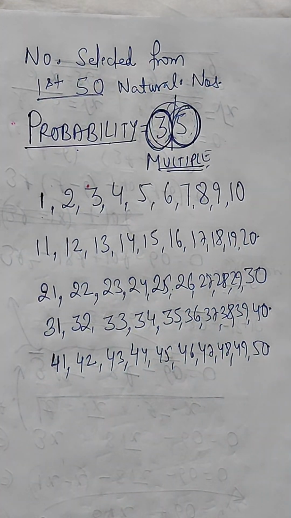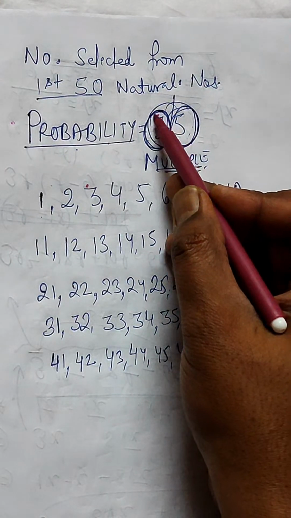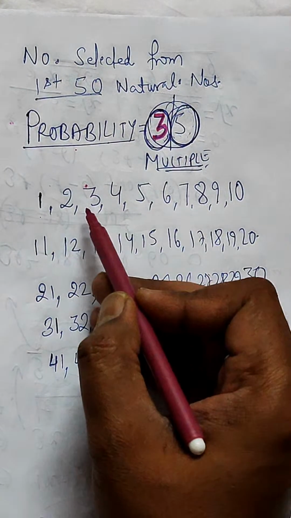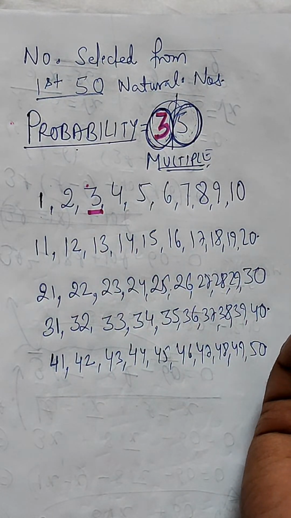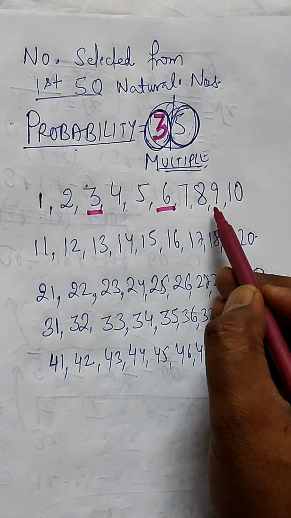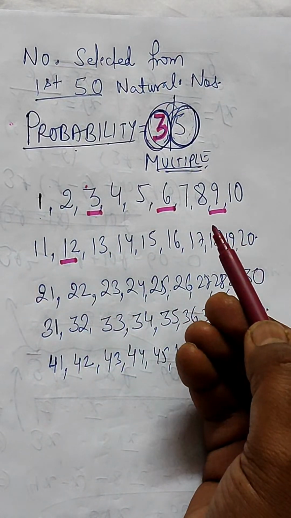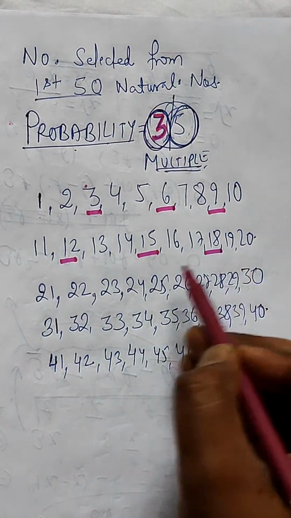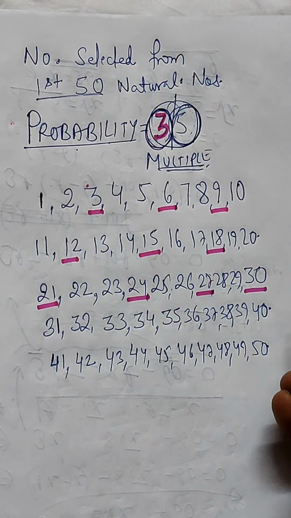Now do one thing, just find out the multiples of 3 first. So the multiples of 3: 3, then 6, then 9, then 12, then 15, then 18, then 21, then 24, then 27, then 30.